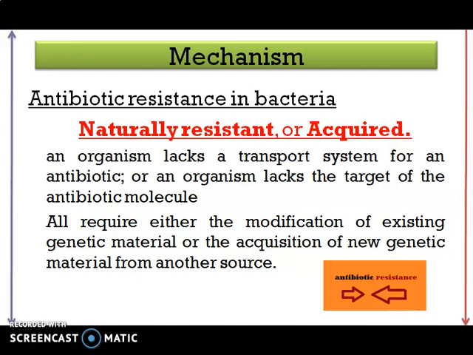And in this acquired resistance, there is a modification of existing genetic material. So remember this one, and acquisition of new genetic material from other sources. So three methods to be remembered here. Acquired: one is what? Gene transfer. Another one is what? Mutation.